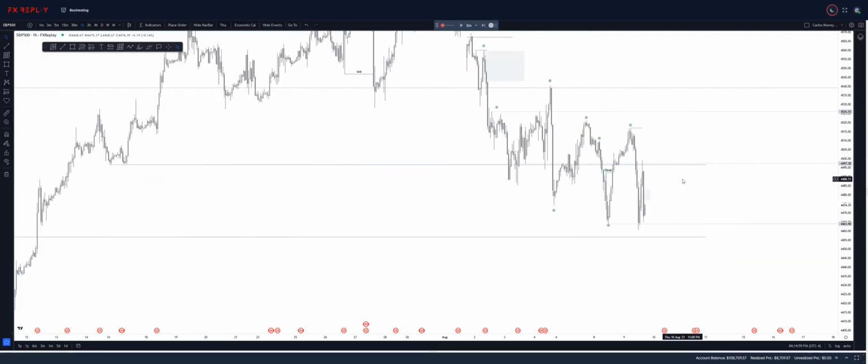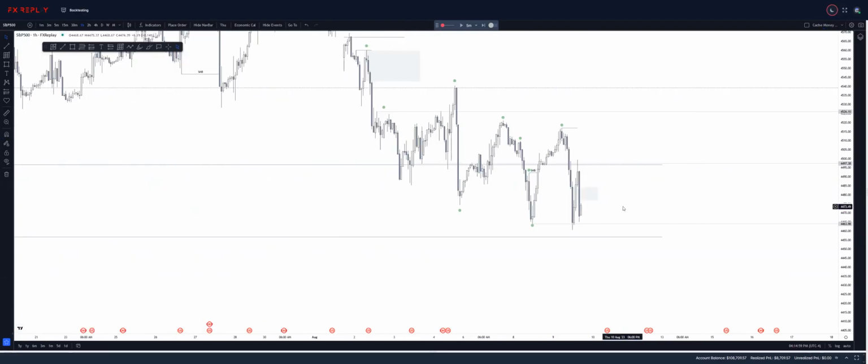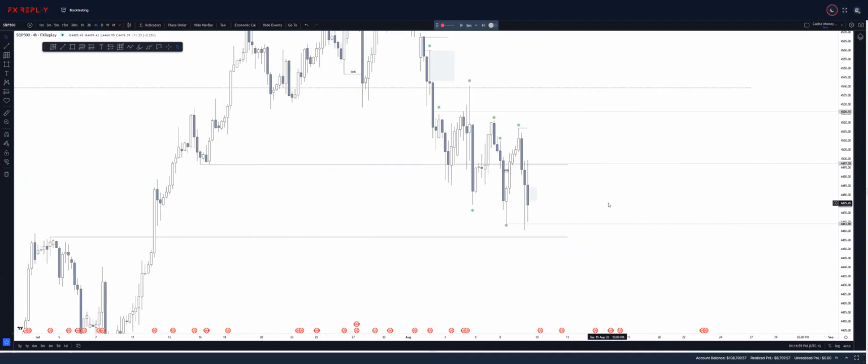I'd probably be looking in real time to take a trade from this region after we flip this FEG. And created a BPR, but that's not what we're trying to test.